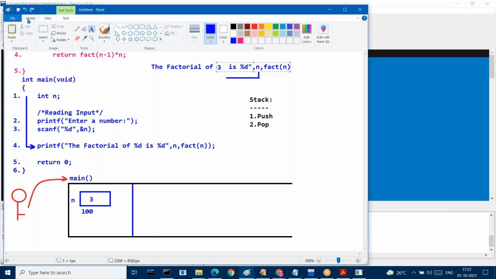But the problem is, okay, factorial of 3 is no problem. Up to this, no problem. You are moving. This part done. The factorial of %d, this fellow expects the value to be from this person.